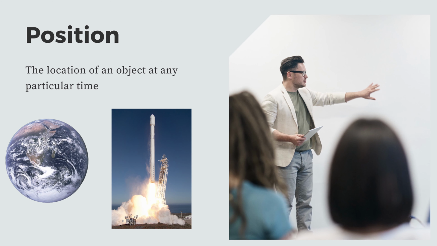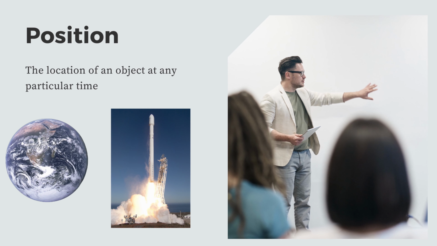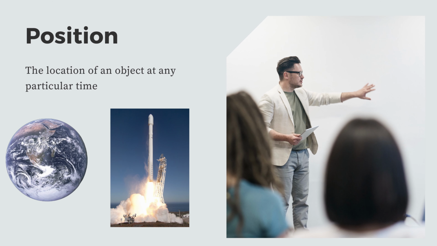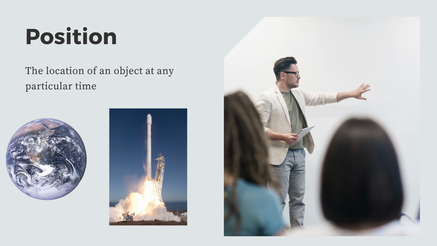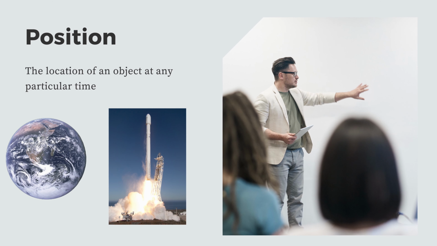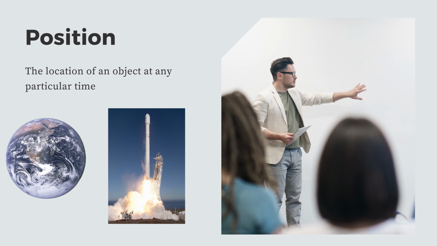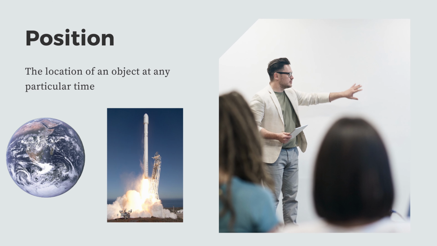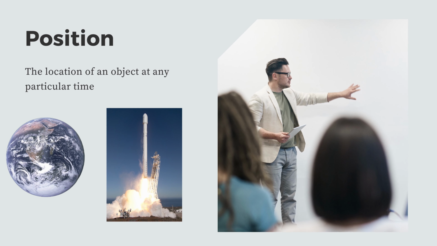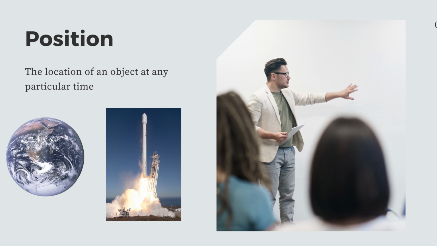For example, a rocket launch would be described in terms of the position of the rocket with respect to Earth as a whole, while a professor's position could be described in terms of where she is in relation to the nearby whiteboard. In other cases, we use reference frames that are not stationary, but are in motion relative to Earth.